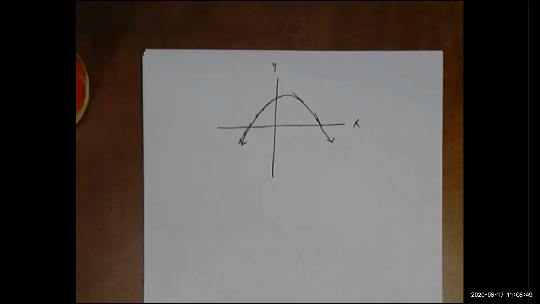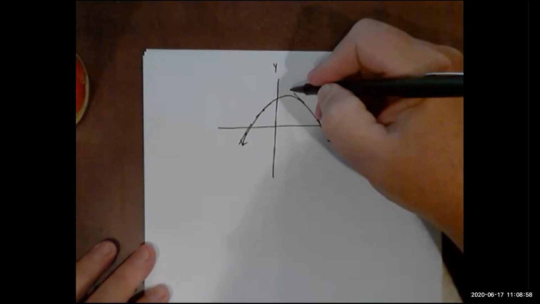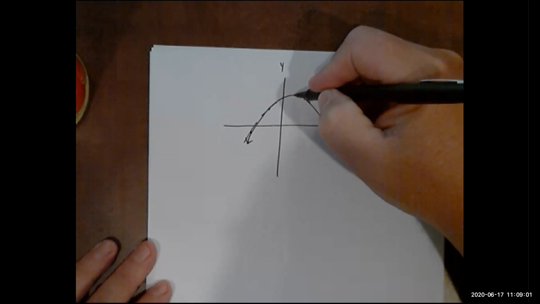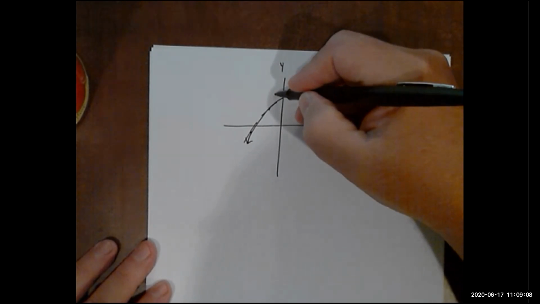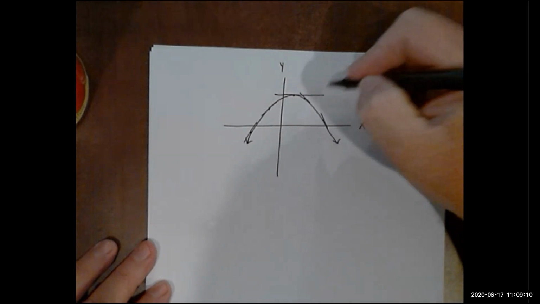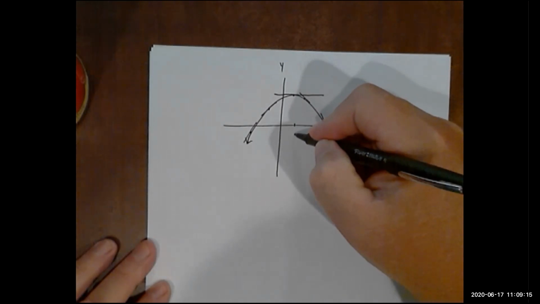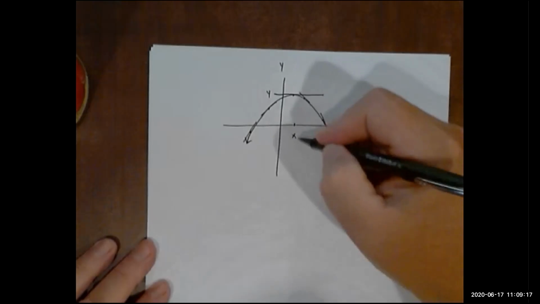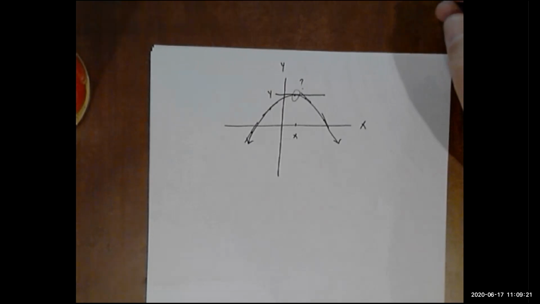But they're saying, go find the point on this graph where the tangent line is horizontal. Obviously, that's going to be right up here at the top, where it's going to be the maximum point, the highest point. So this point here is what we're trying to find.